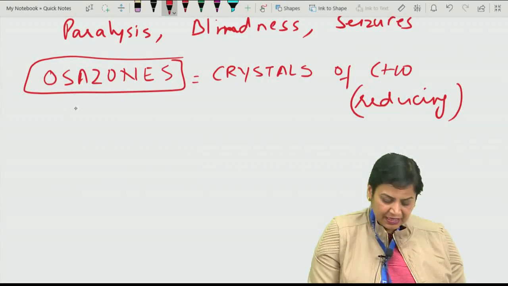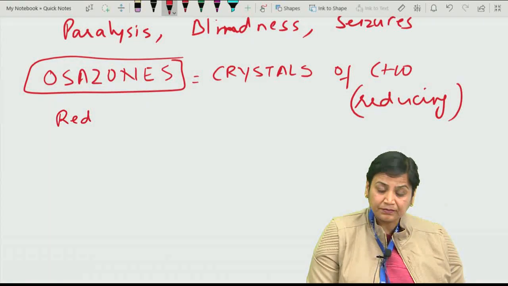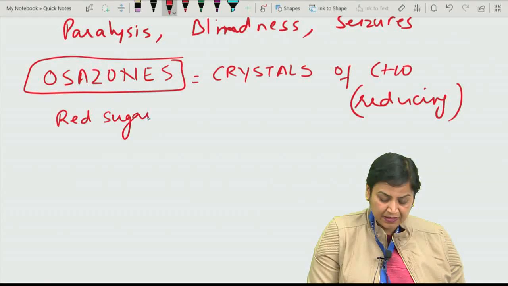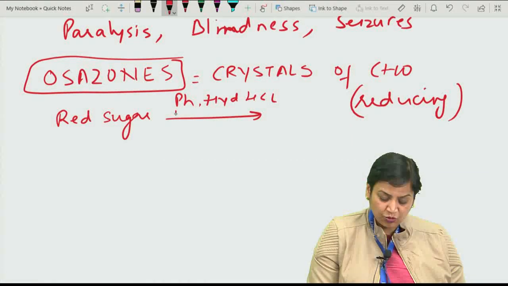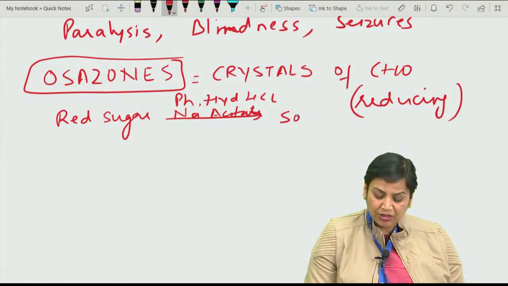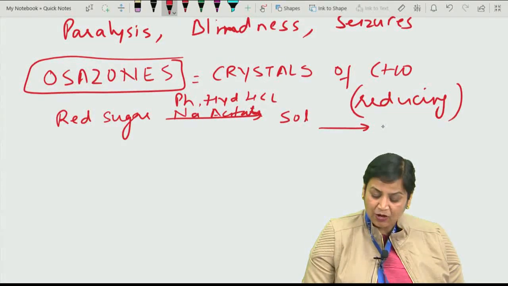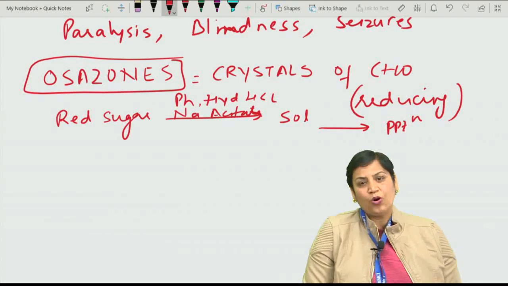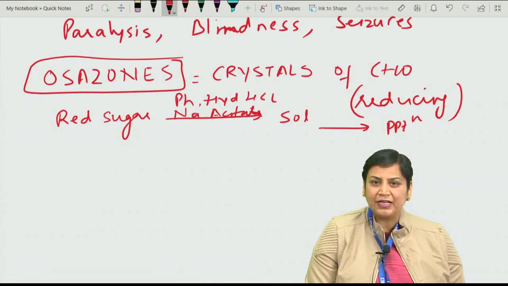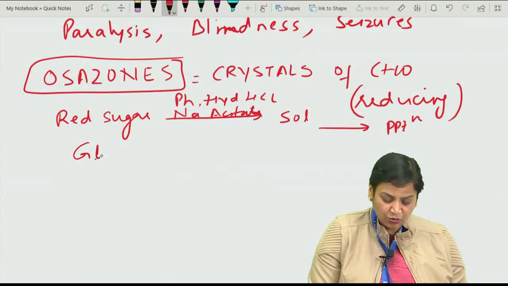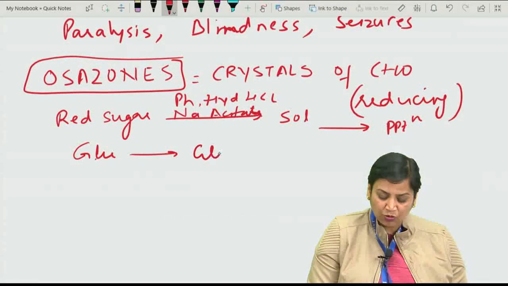Basically what happens is, we take the reducing sugar, we add phenylhydrazine hydrochloride and sodium acetate. Keep the solution overnight and automatically there will be precipitation of the crystals. So all the reducing sugars, when they combine with phenylhydrazine, are going to form the respective osazones. For example, glucose is going to form glucosazone.